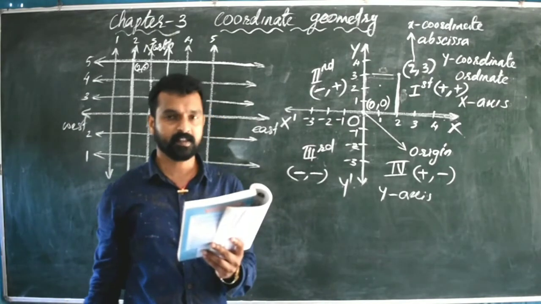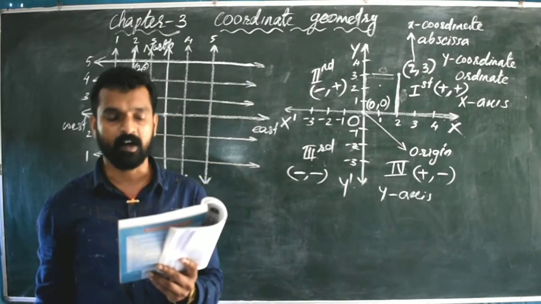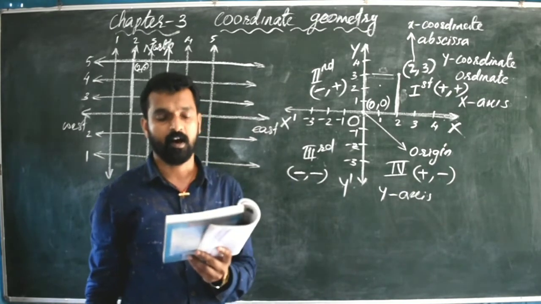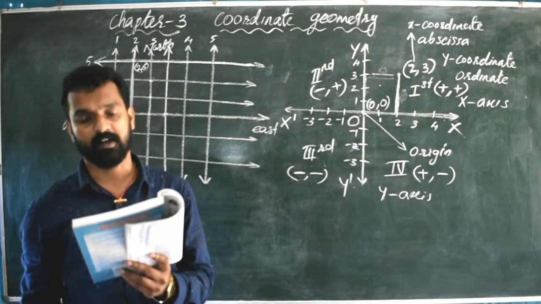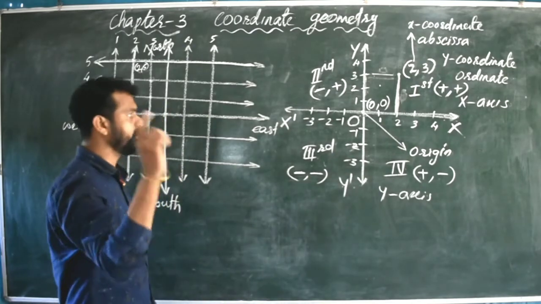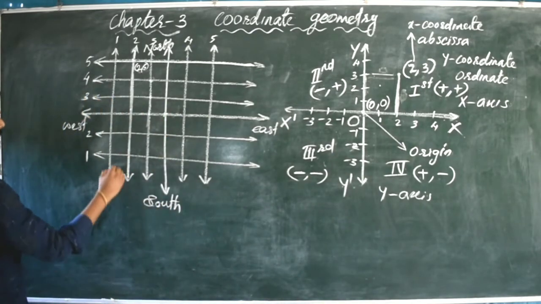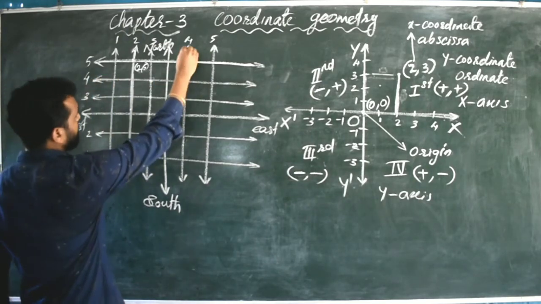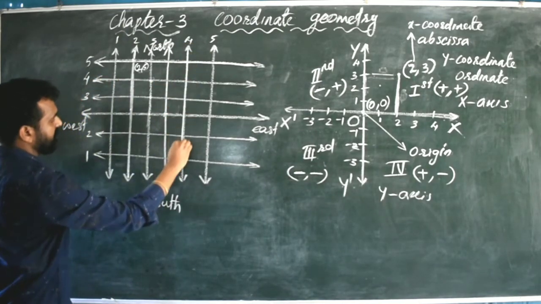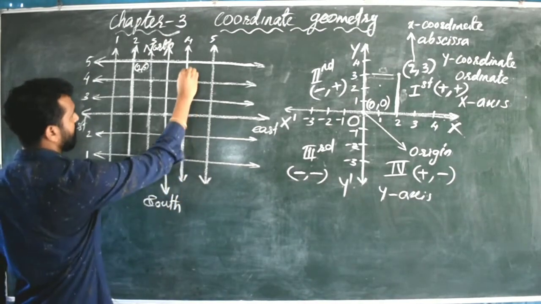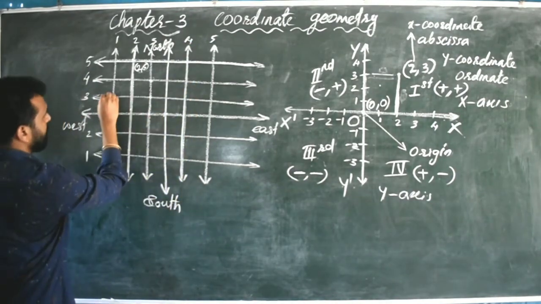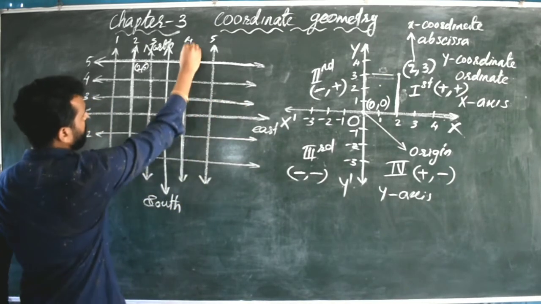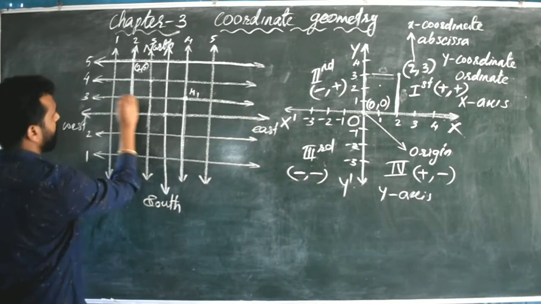Using this convention, find question number 1. How many cross streets can be referred to as 4-3? Only one. Where is that 4-3? This one is the fourth in the north-south direction and the third in the east-west direction. So this is the point 4-3.